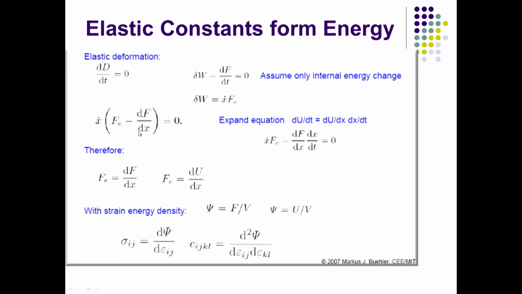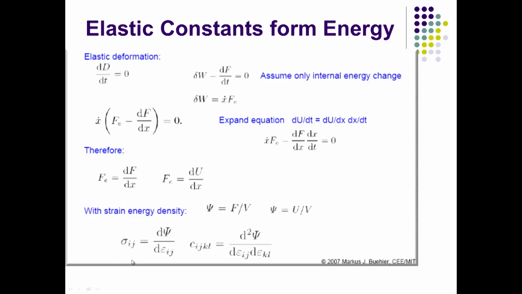If you rearrange this, expanding the equation dU over dt and using the differentiation for dU over dx and dx over dt, we are able to get the force F equal to dF over dx, and F equal to dU over dx, with the strain energy density psi defined as F over V, which is the energy over the entire volume that you are looking at, U over V.